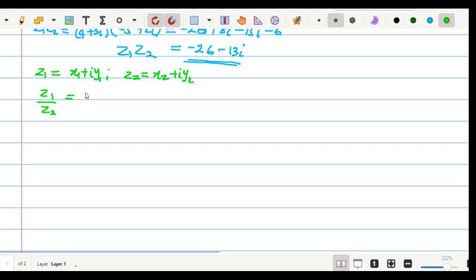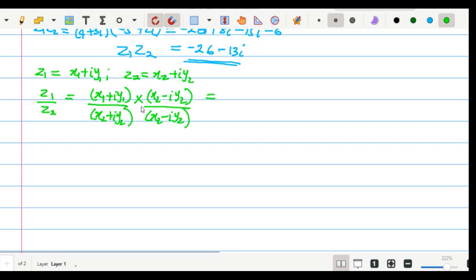So if you divide z1 by z2, we are going to have x1 plus iy1 dividing x2 plus iy2. So when we are to divide two complex numbers, we take rationalization of the denominator.